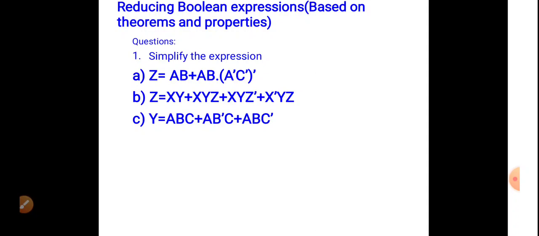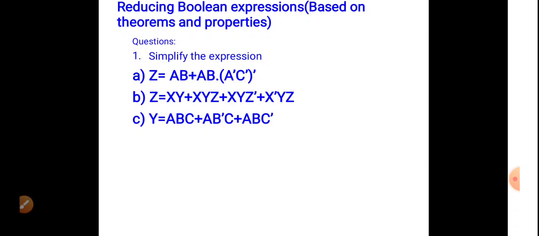Now take AB as common, so the leftover is 1 plus C. 1 plus C is 1, and 1 multiplied with AB is AB. So in the first example, in the given question there are three variables, A, B and C. But if you simplify this, we get only AB.